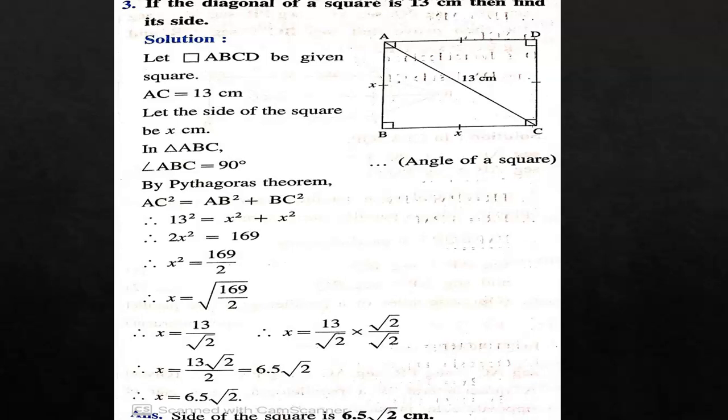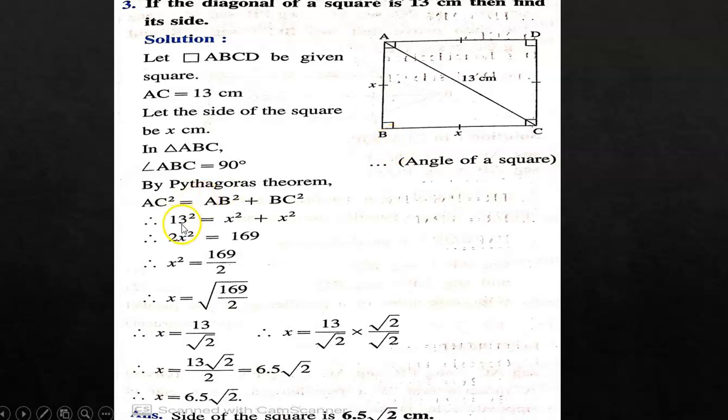We know that all sides are equal. So if this is x, this is also x. In triangle ABC, I have angle ABC as 90 degrees because this is an angle of a square. So again I'm going to use Pythagoras theorem in this triangle.